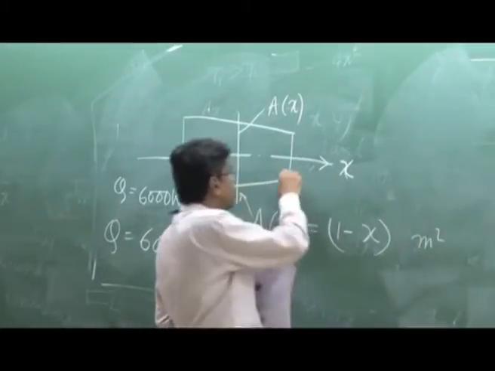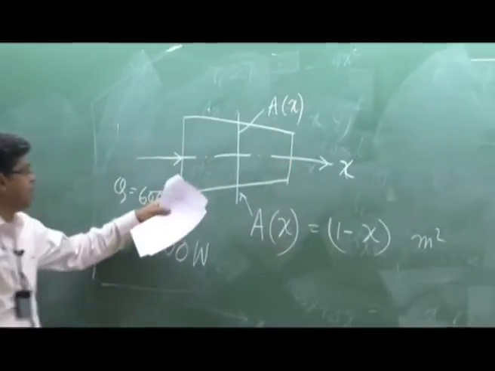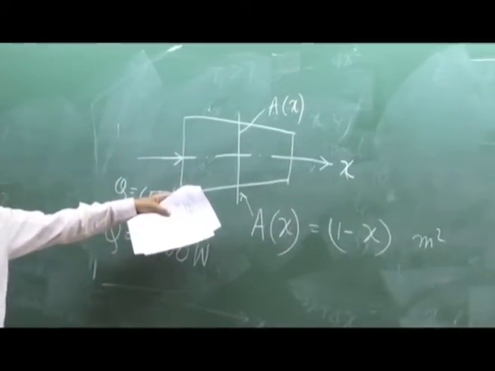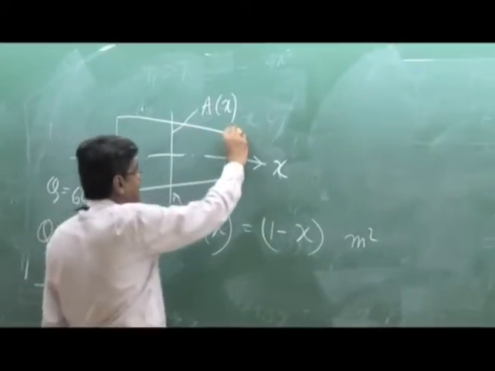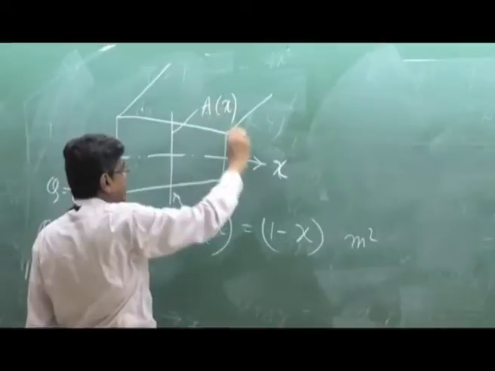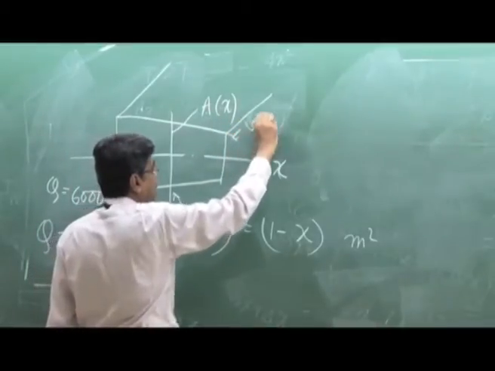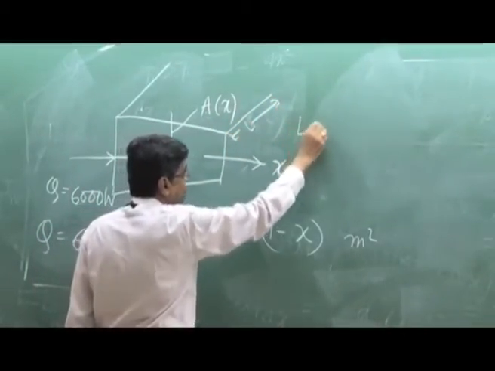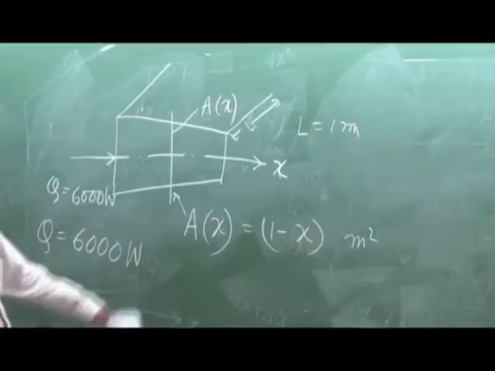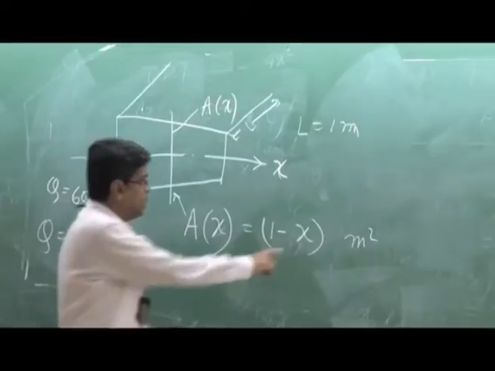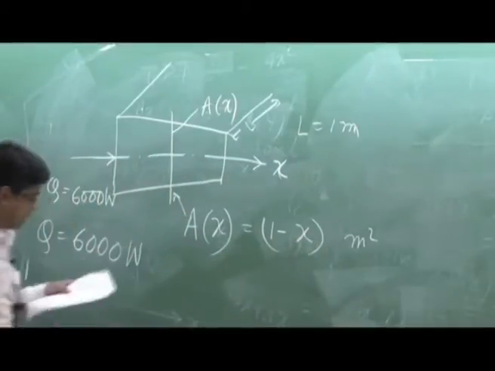How? We consider a unit depth of the tapered rod, that means depth L. If you consider L, that means this direction dimension L, then L is equal to 1 meter. So x in meter, so therefore this into 1, so this is the expression.